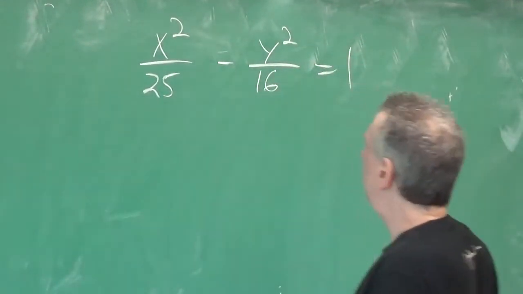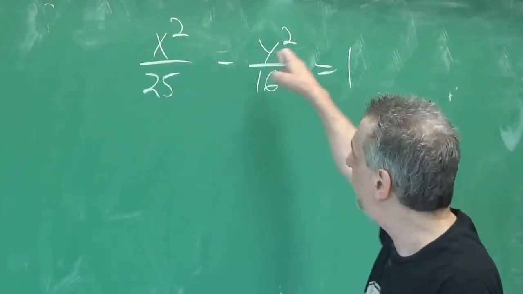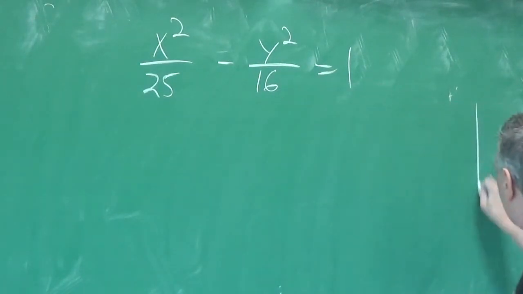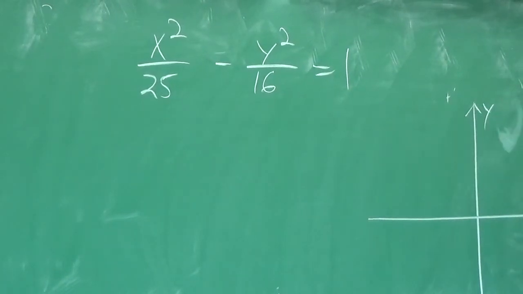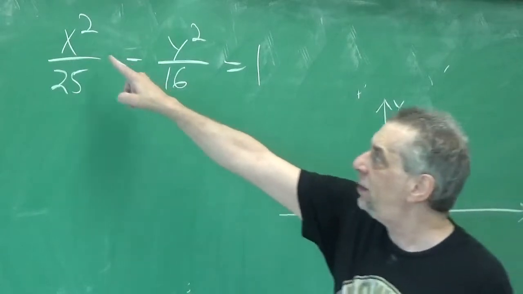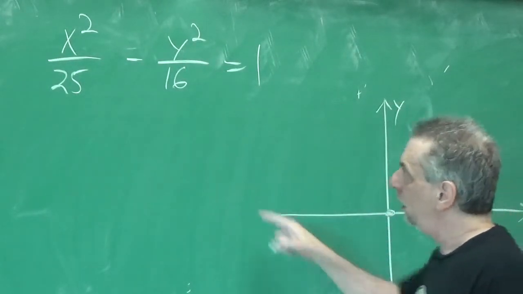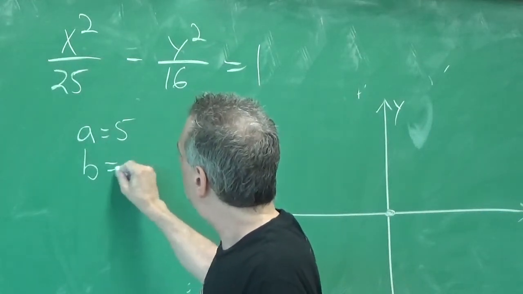All right, so this is nicely in the form that we want. We see the positive fraction is the x fraction, the negative fraction is the y fraction. So we know immediately that we're looking at a hyperbola that is along the x-axis. We know the center is at the origin, so we know that center is here. This tells us that a is 5 and b is 4.